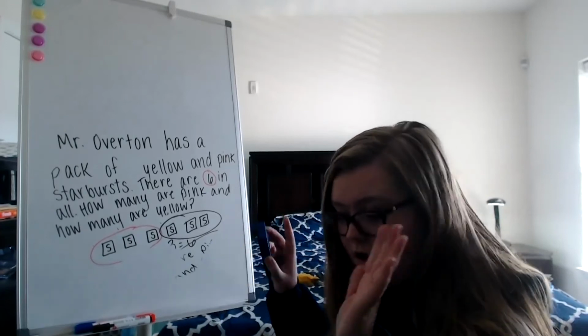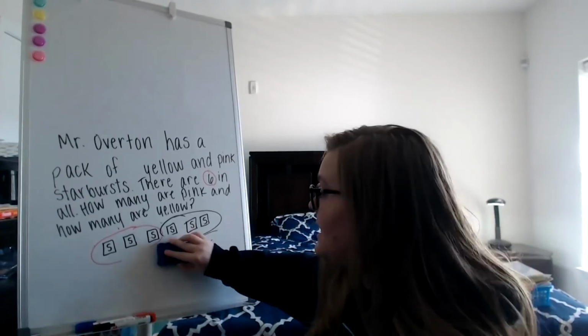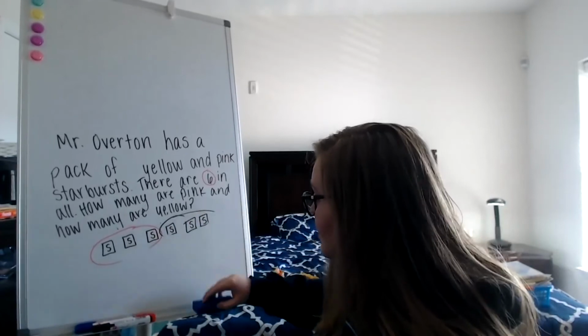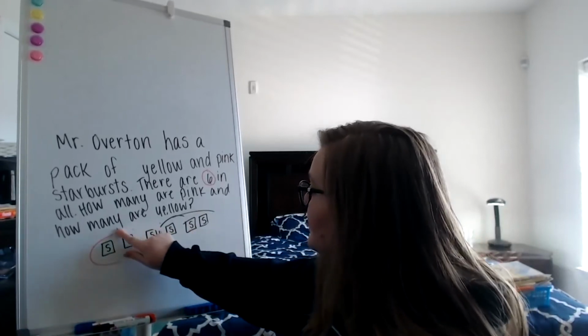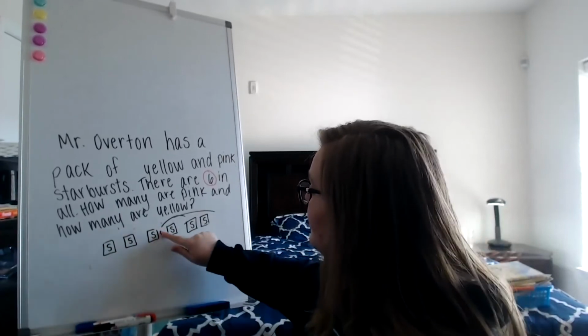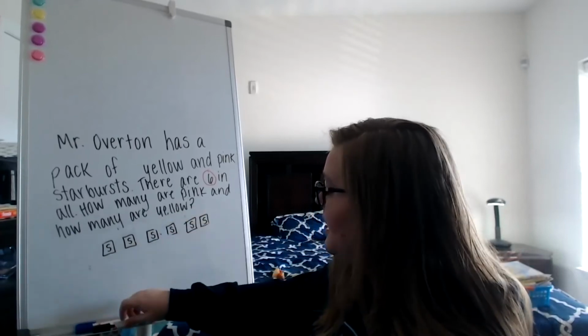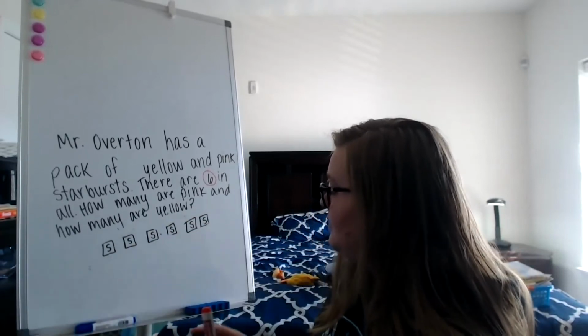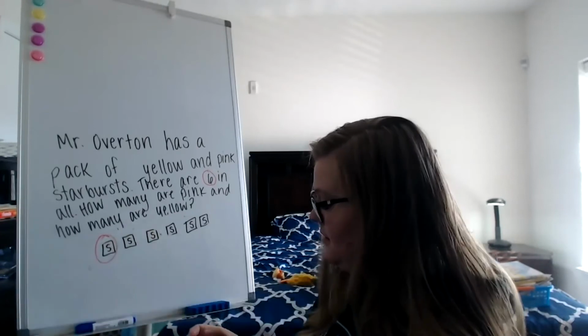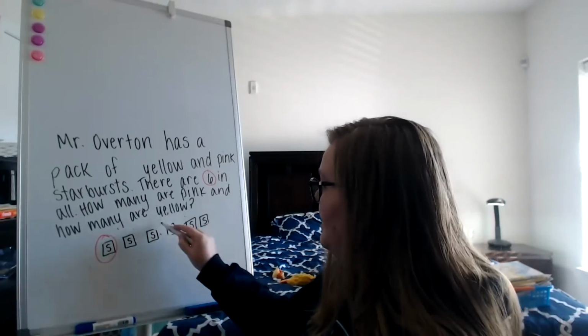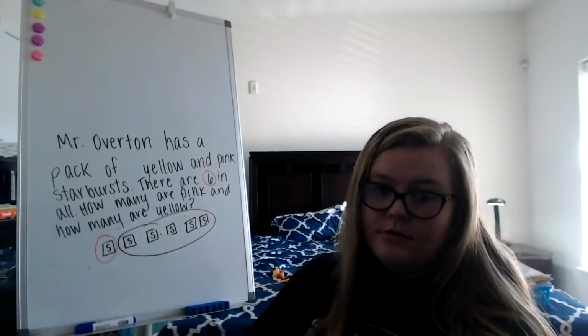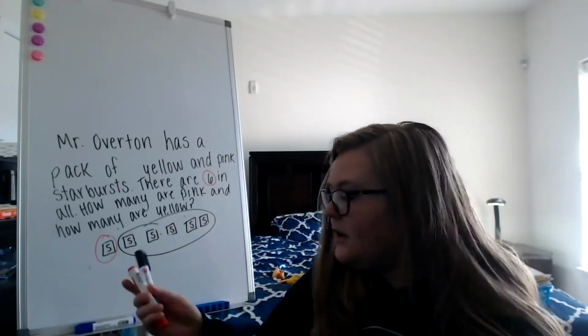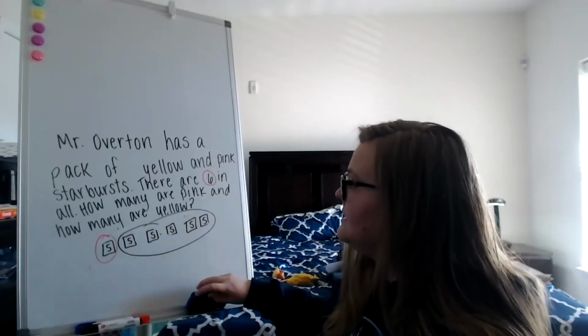Other than that, whatever you choose, as long as it sticks to those rules, could be your answer. I also could have done one and five. So there are lots of different answers as long as it sticks within the rules of the problem.